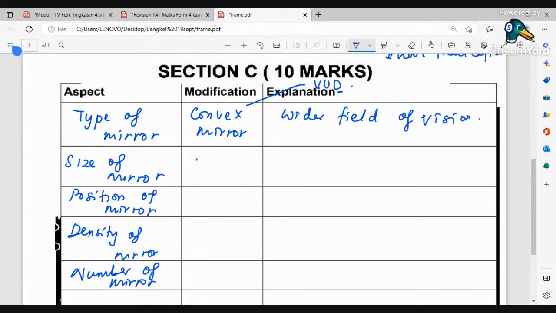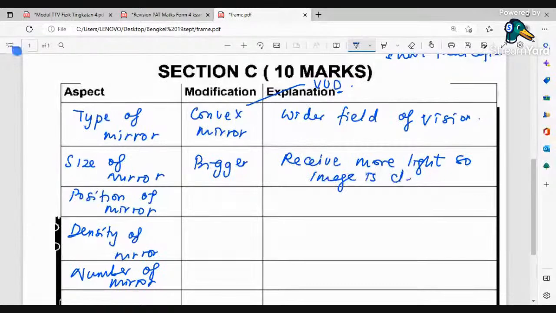Okay, size of mirror is bigger. Okay, receive more light, so image is brighter. So image is clear, bright. Position of mirror higher than the rack.